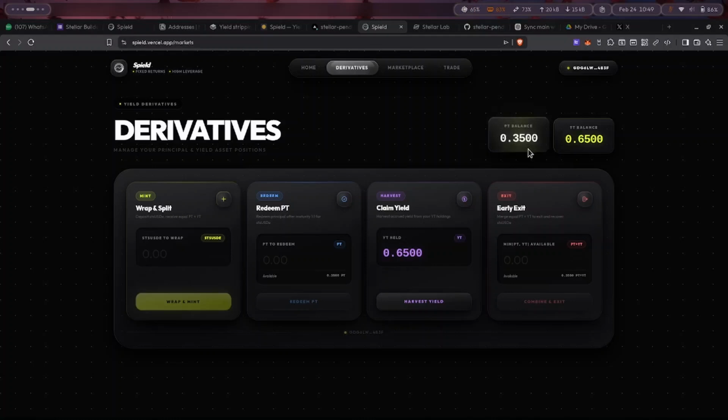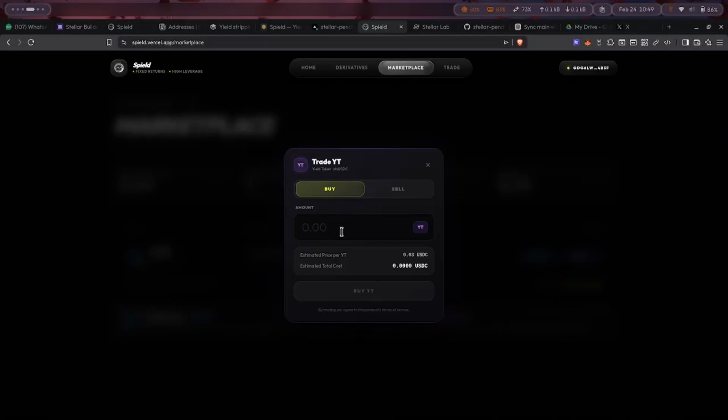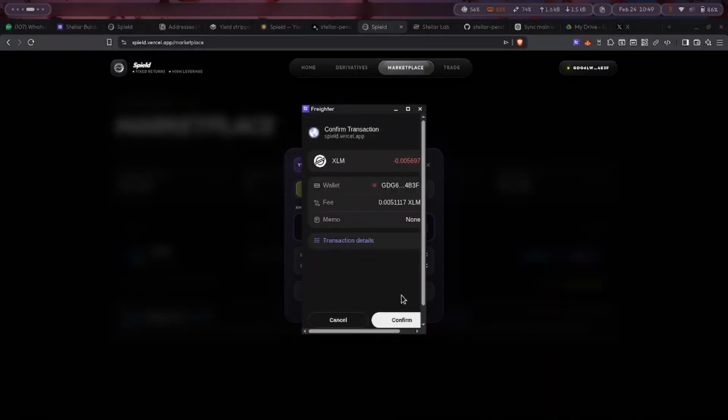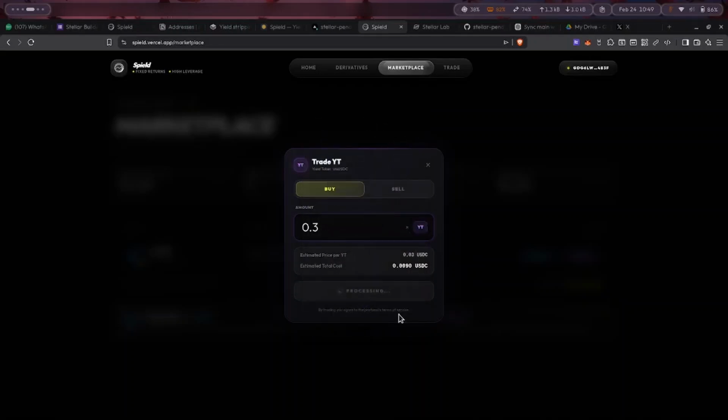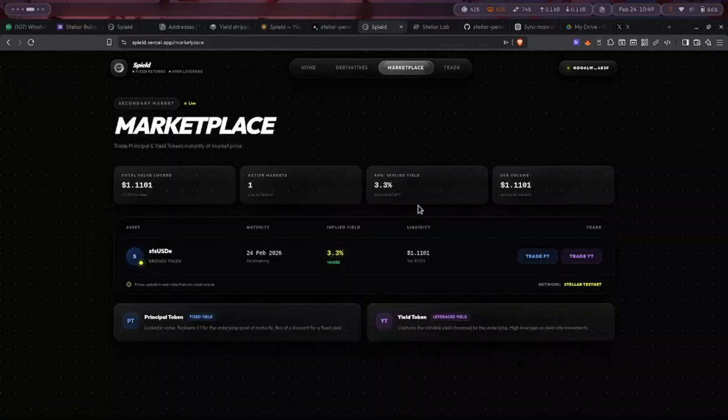So we can see from the overall interaction that all the things are directly working from the smart contracts. Okay, and we can trade, we can buy, sell PTs, and obviously for buying PT we will be getting a discount, and for the YT part we will be buying it at a very fraction of the cost, so that anyone who wants to get fixed return, they can just buy the PT because of the assurity of the return.